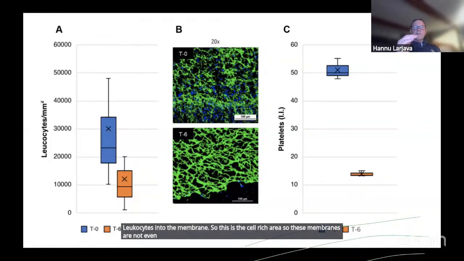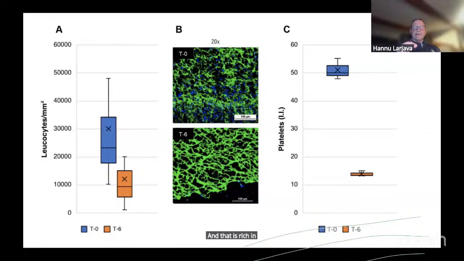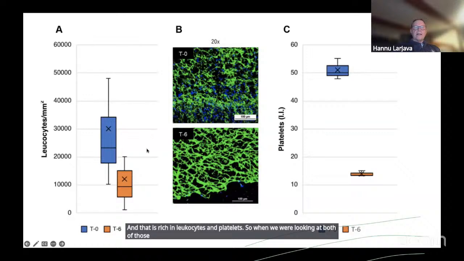Where the red clot is, close to that area, there's a cell-rich area, and that is rich in leukocytes and platelets. So when we were looking at both of those, platelets are not really cells, but leukocytes significantly go down, and platelets even more so if you keep the membranes on the bench or in the operatory 6 minutes before you centrifuge them, because of the cell numbers.